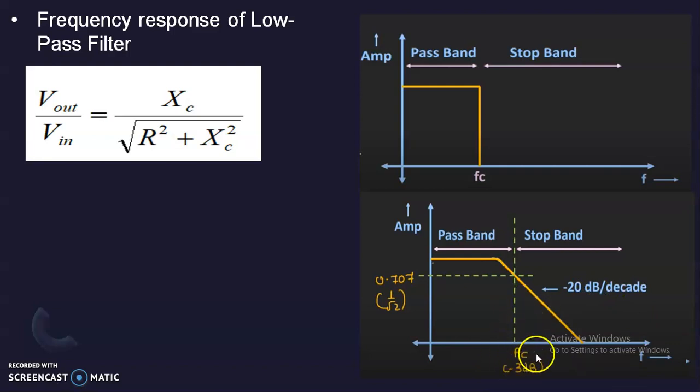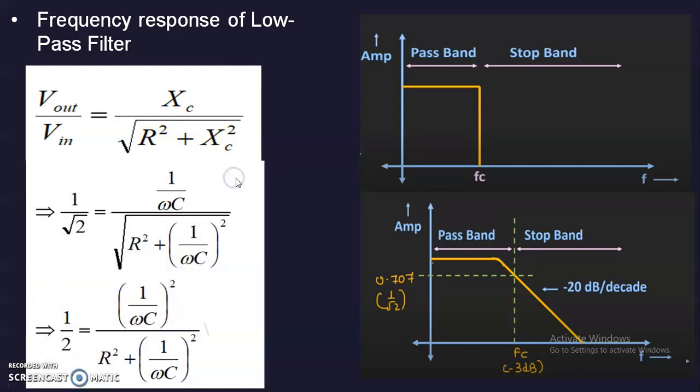Now, how to find this FC value? V out by V in equals XC divided by root over R square plus XC square. Writing it in terms of omega, we get this equation, squaring both sides. Here you can see that V out by V in is actually given by 1 by root 2, because at FC, we need to find FC, right?